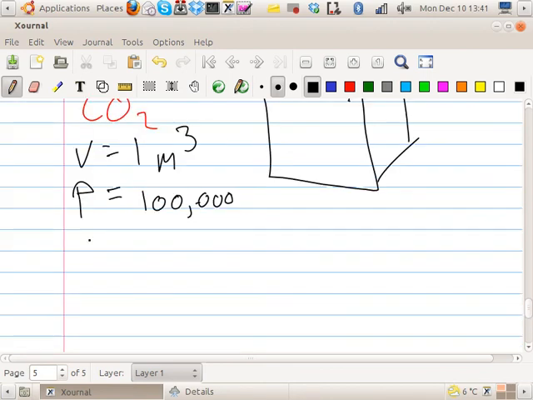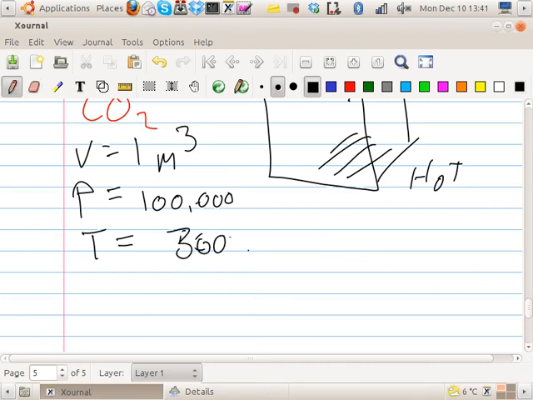Let's say the temperature is, sorry, not Celsius. What should I use here? Kelvin. So let's say the temperature is 300 Kelvin and it increases to 310 Kelvin.